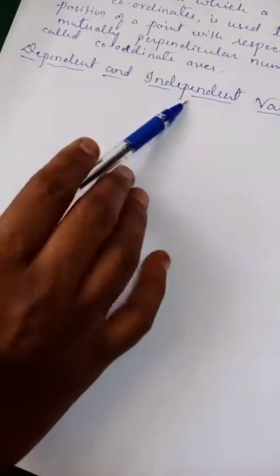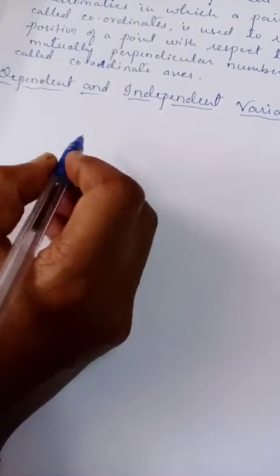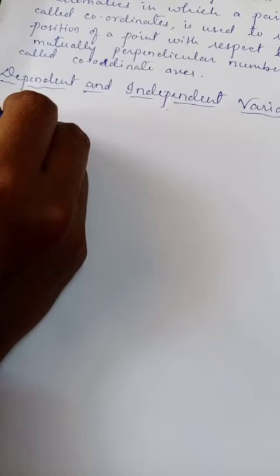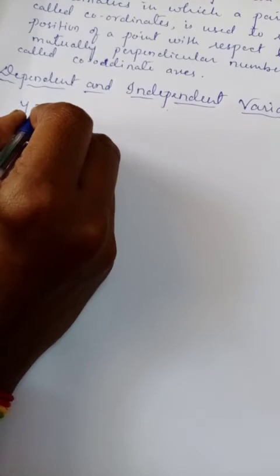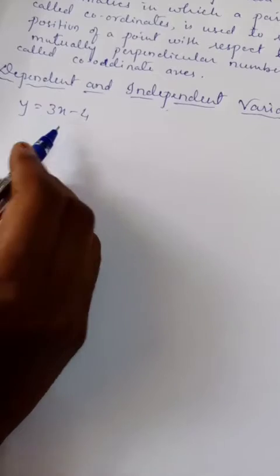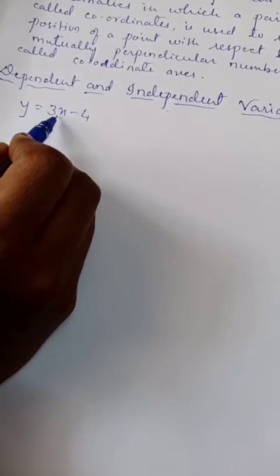Then dependent and independent variables. In a linear equation, suppose I take one equation, that is y is equal to 3x minus 4. So y is equal to 3x minus 4 is a linear equation where y totally depends on the x value.